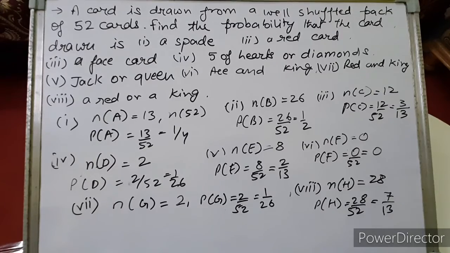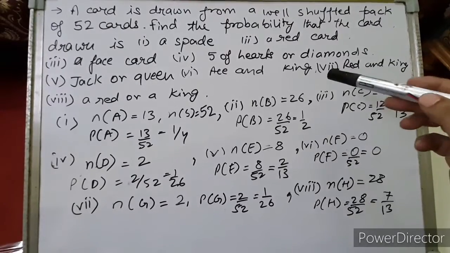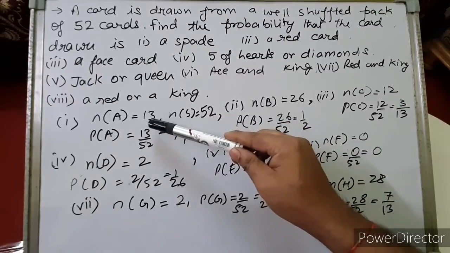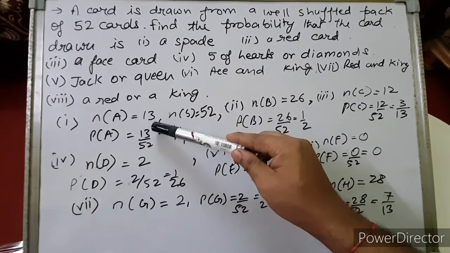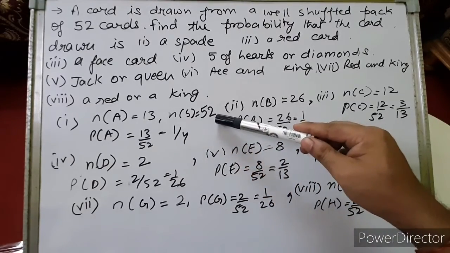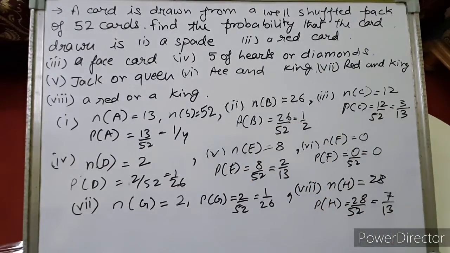Sample space is 52. That means the number of events that could occur is 52, and spade cards are 13 in number. So I have assumed the first part as event A, the number of favorable events of A is 13, and total number of events is 52. The probability of happening of A is 13 upon 52, which is 1 by 4, right?